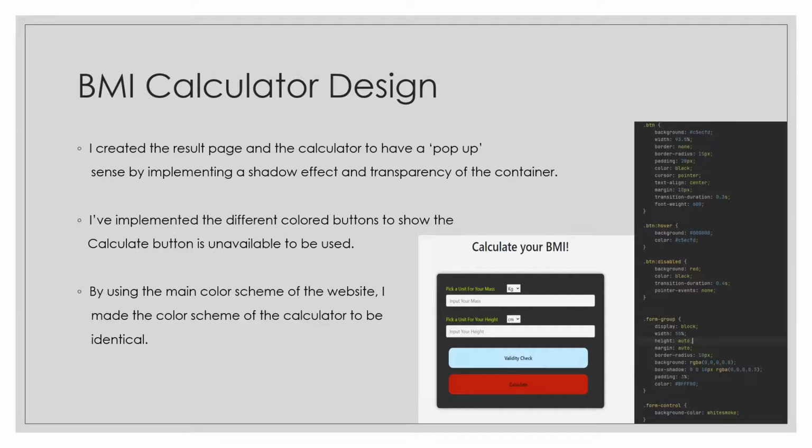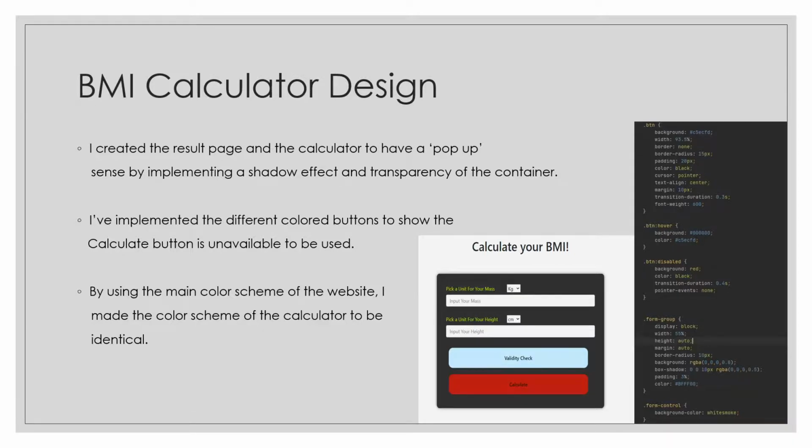I've also, as I said, implemented different colors of the button to show when it is disabled. And I have used pointer events none when it is disabled, so that people are more aware that they can't calculate before they do the validity checking.